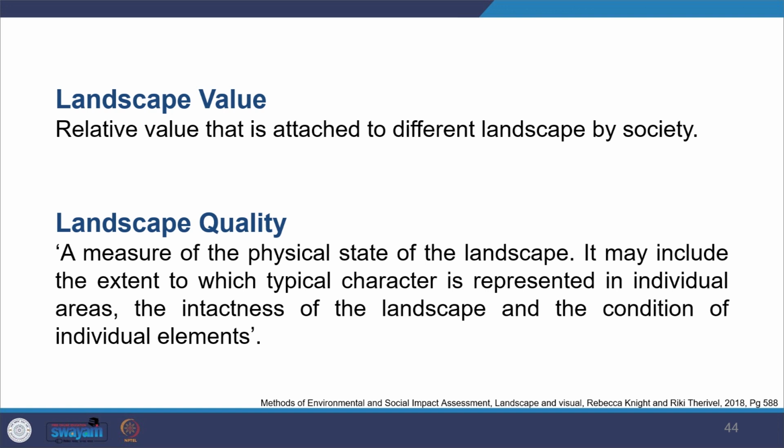Then there's another term, landscape quality. This is the physical condition of that landscape, which might include how much area is there, how intact it is as a landscape, and how intact the individual elements within it are. It would also relate to landscape value: the better the quality, the more value it might have.